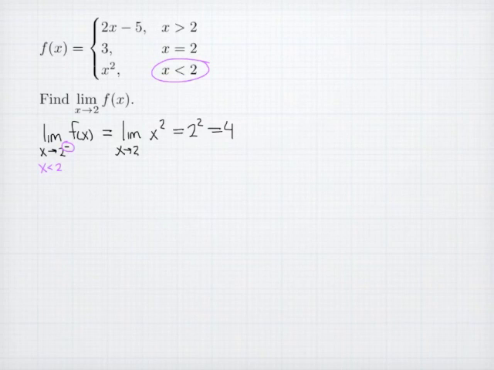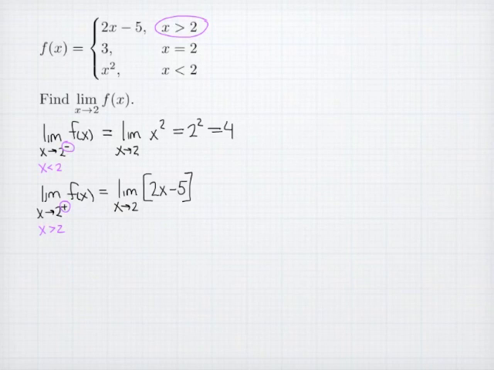We now do the limit on the right. The limit on the right has x approaching 2 from the right of our function. This means that x is greater than 2. When we look at our original formula, x greater than 2, our function uses 2x minus 5. We take the limit of 2x minus 5.